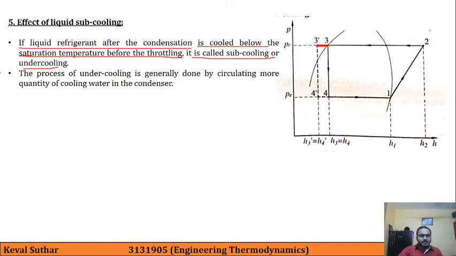Now how is it done? The process of undercooling is generally done by circulating more quantity of cooling water in the condenser.